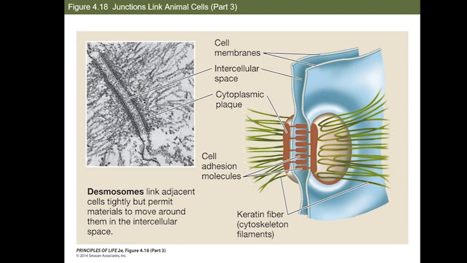And then here we have our desmosomes. They link adjacent cells tightly but permit materials to move around them in the intercellular space. Here's an electron micrograph of that right here. Here are keratin fibers, which are cytoskeleton filaments, and they interlock together kind of like Velcro.